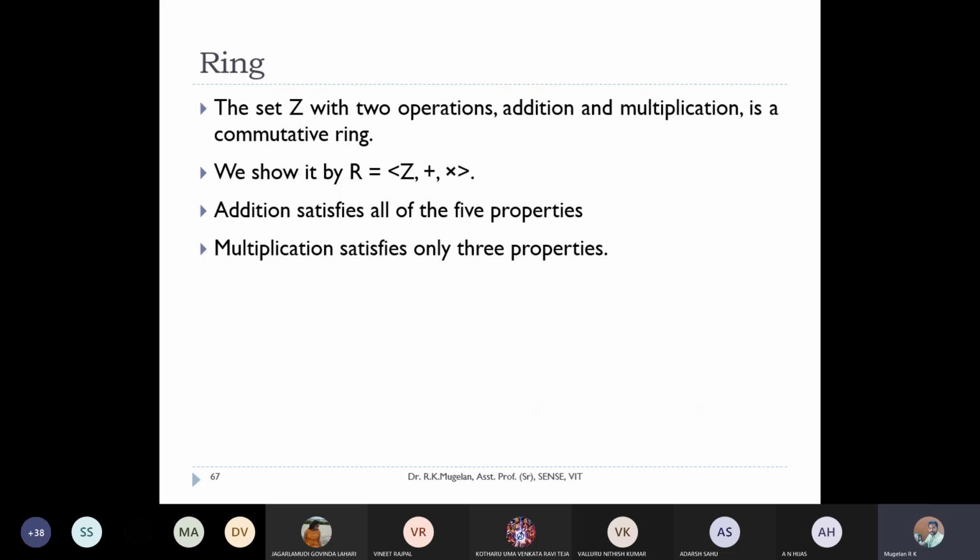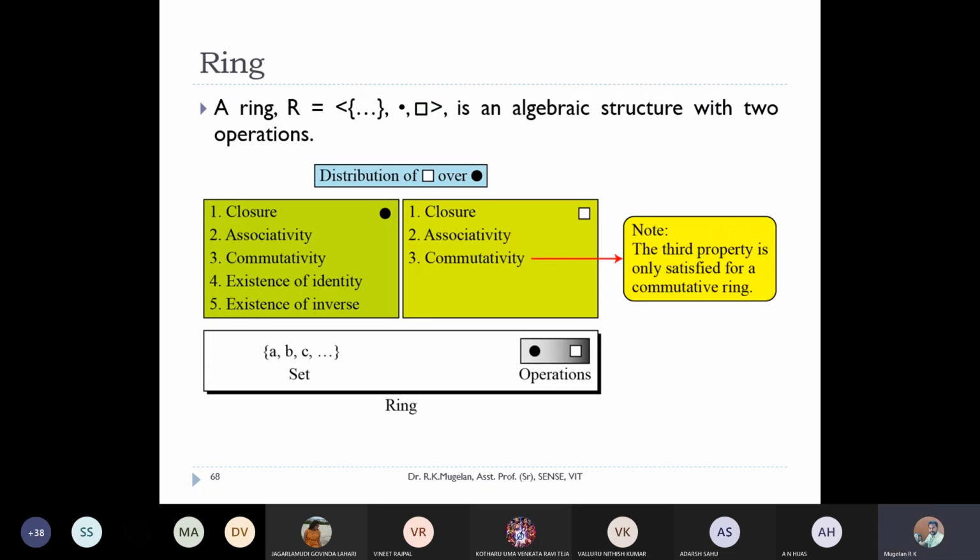Here you can see how the ring will be represented. The ring will have a set of integers altogether because it is going to occupy the entire set of elements. So the ring will be represented like this with two operations, addition and multiplication. As I said, addition will satisfy all the five properties and multiplication will satisfy only the three properties, plus the distributive property.